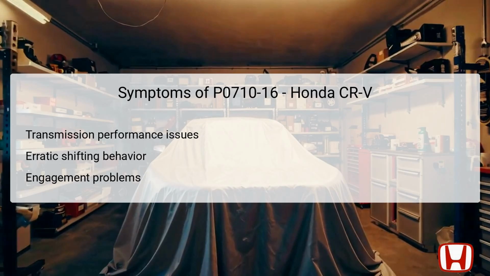Additionally, there might be engagement problems, where the transmission could hesitate to engage or slip during acceleration due to incorrect temperature readings from the sensor. These symptoms highlight the importance of timely diagnosis and repair of the fault to prevent further complications within the transmission system and maintain vehicle drivability.